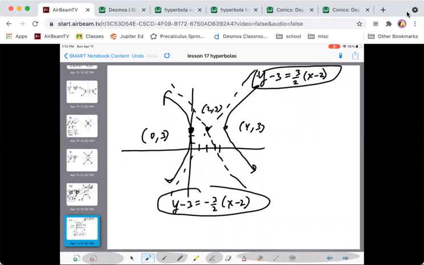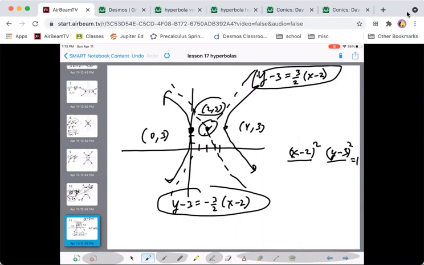So we have some decisions to make. First of all, it's x minus 2 squared, and y minus 3 squared, because the center is not at 0, 0, equals 1. That's just based on the center point.